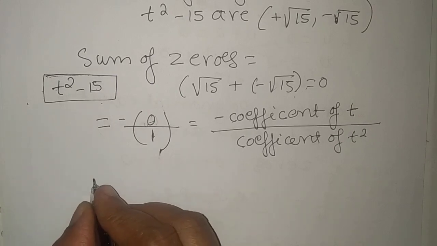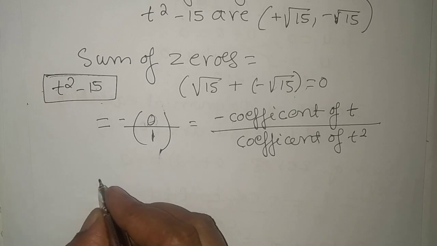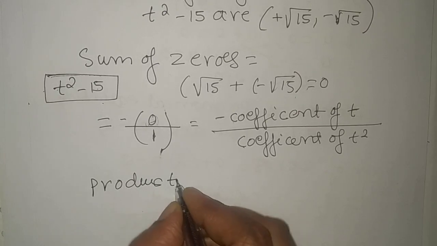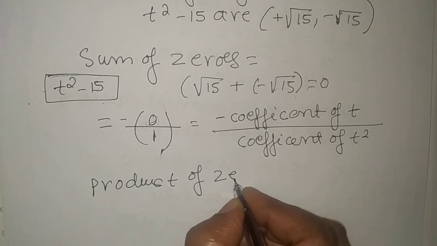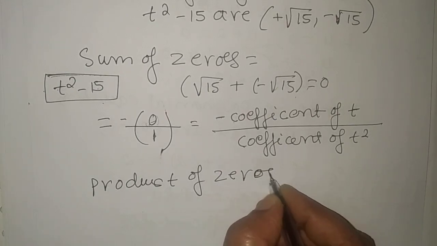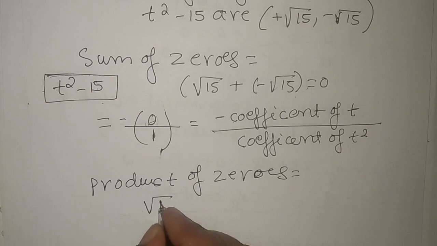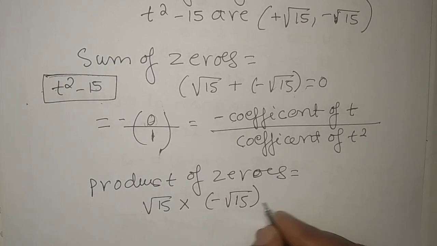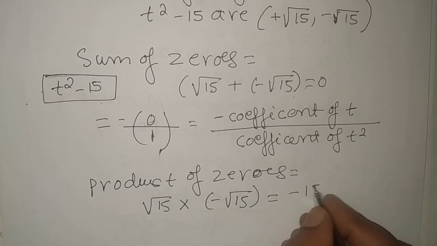So now after this, we'll find the product of zeros. Product of zeros is equal to root 15 into minus root 15, which is equal to minus 15.